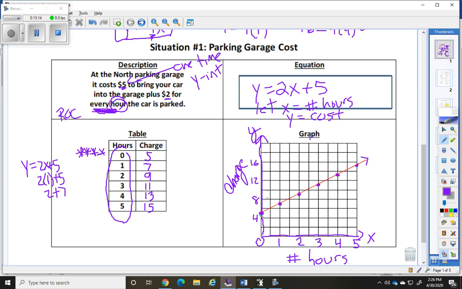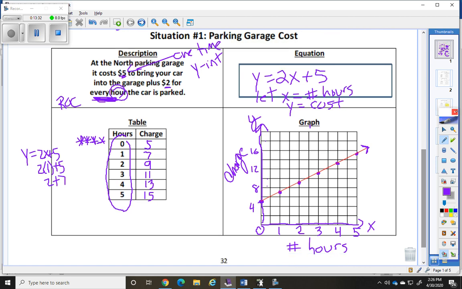I can't put an arrow going this way. That doesn't make any sense because I can't go into negative hours. So make sure you're only plotting the things that make sense. And an arrow does make sense over here because I could probably park for more than 5 hours.